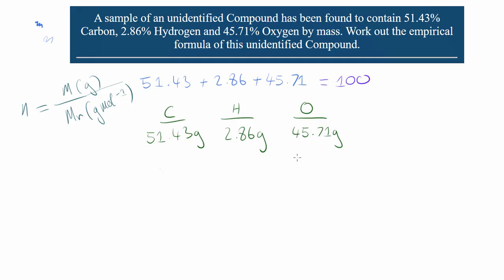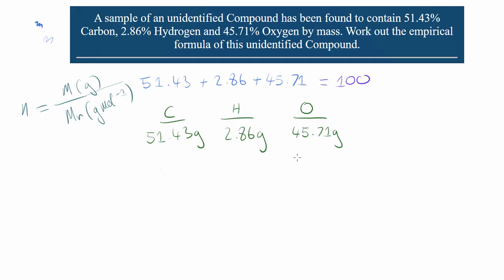Now my aim is, how do we actually get this to the amount of substance? We've established what equation we're going to use. What's missing? Well, as the equation shows, we need to use the molar mass.